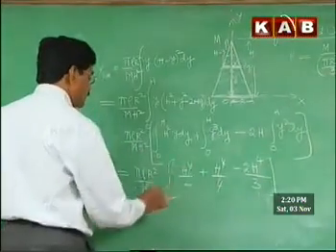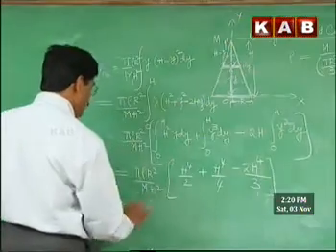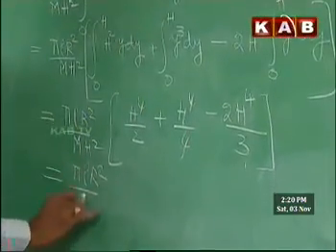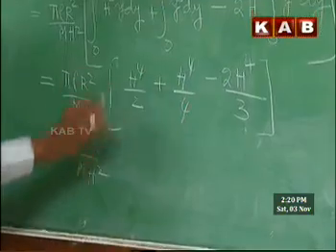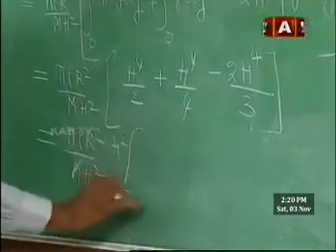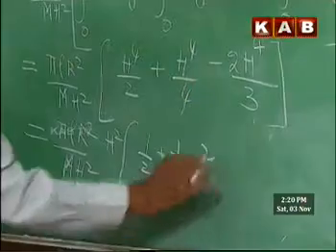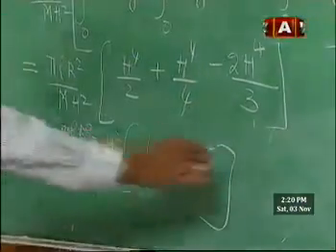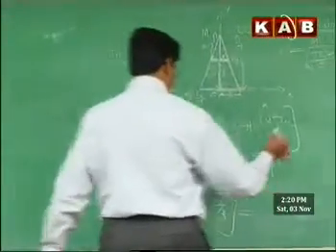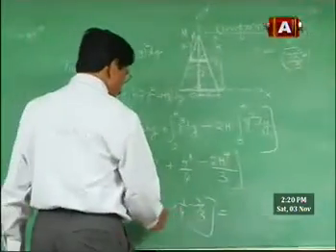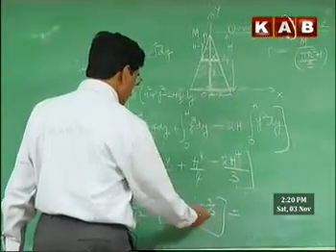So, from this simplification, what we get? Pi rho r square by mh square into h square, when I take common, 1 by 2 plus 1 by 4 minus 2 by 3. So, value comes out to be, 2 into 4 is 8, 8 3s are 24.